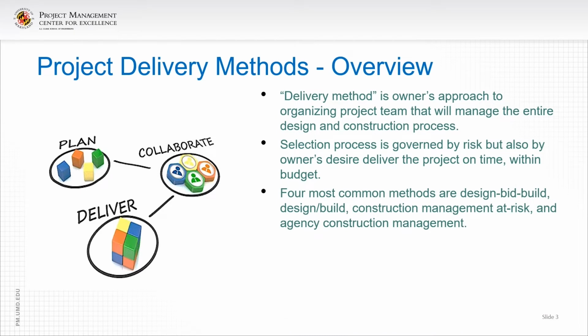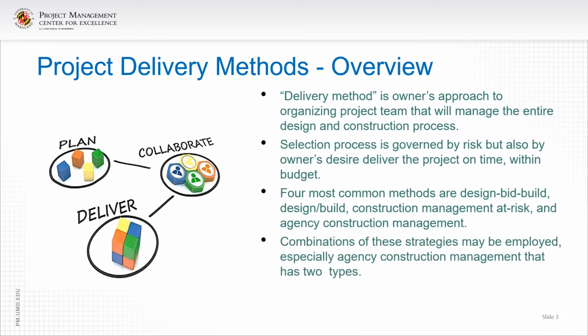Four most common methods are design, bid, build, construction management at risk, and agency construction management. Combinations of these strategies may be employed, especially agency construction management that has two types. And finally, each has a distinct advantage and disadvantage.